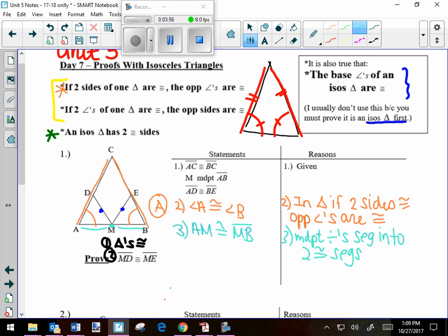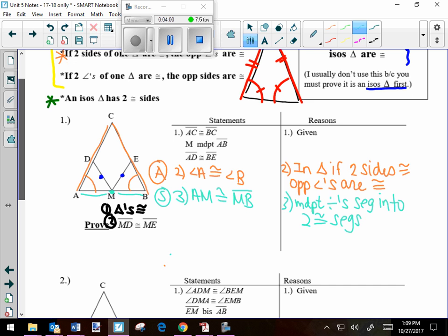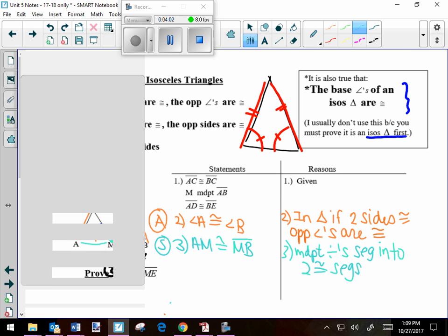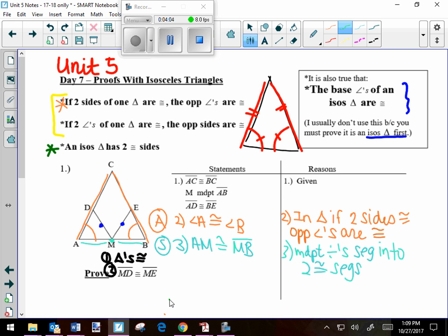And that gives me a set of sides between my triangles. If I go on to the next given, it tells me that I have AD congruent to BE. That in and of itself is a set of sides for the triangle.